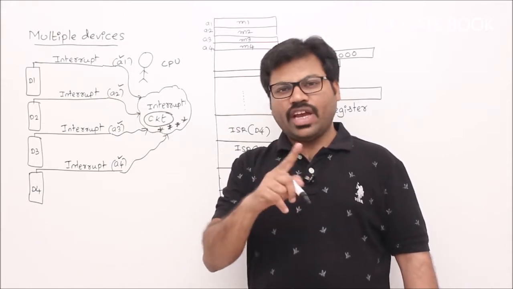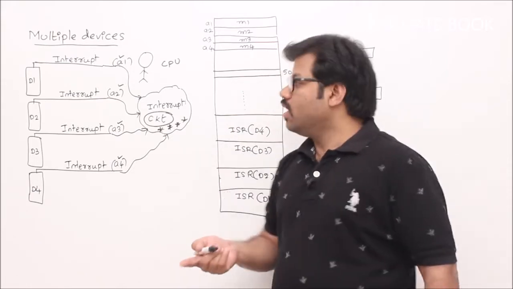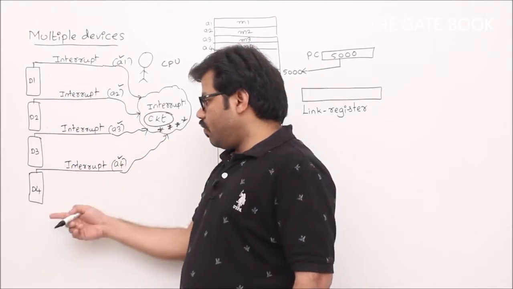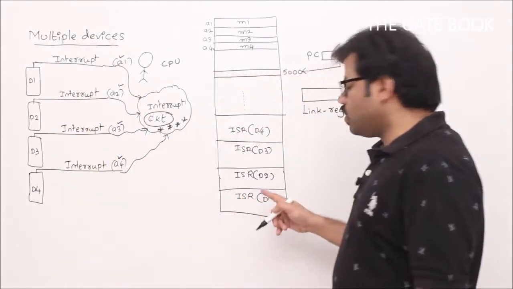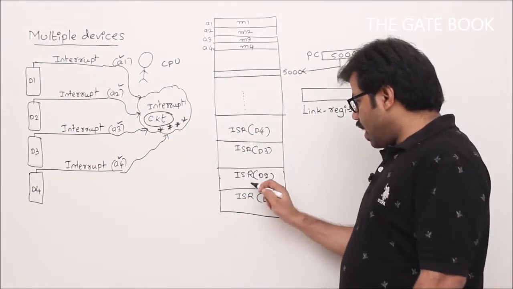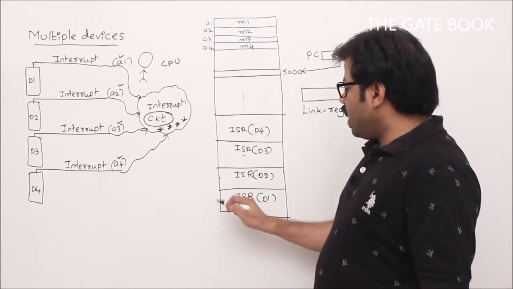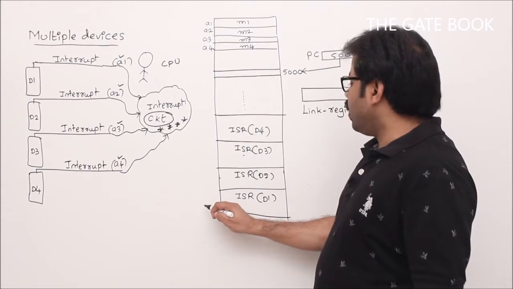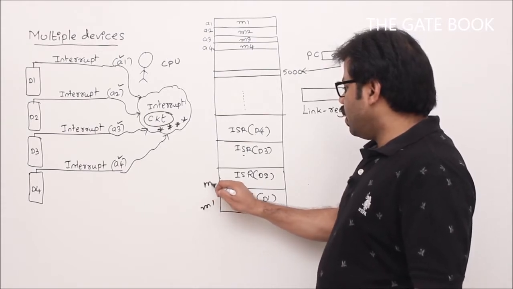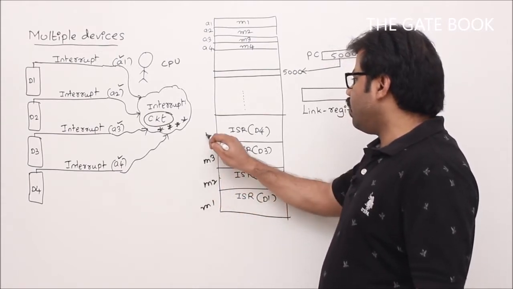Already for the keyboard we have seen how to write it. In the same way, D1, D2, D3, D4 have interrupt service routines: ISR D1, ISR D2, ISR D3, ISR D4. Let's say they are in main memory locations: D1 in M1, D2 in M2, D3 in M3, and D4 in M4.